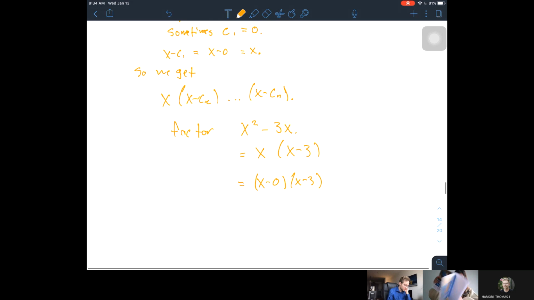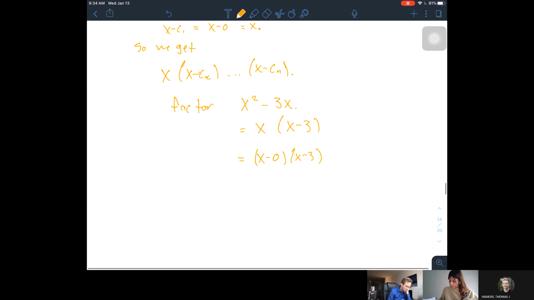Okay, so whenever we're factoring something, the very first thing that we should do before we start trying to factor is look for a GCF, and we should take that out first. Okay?